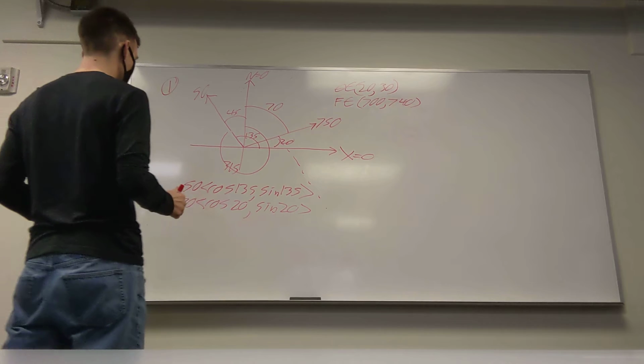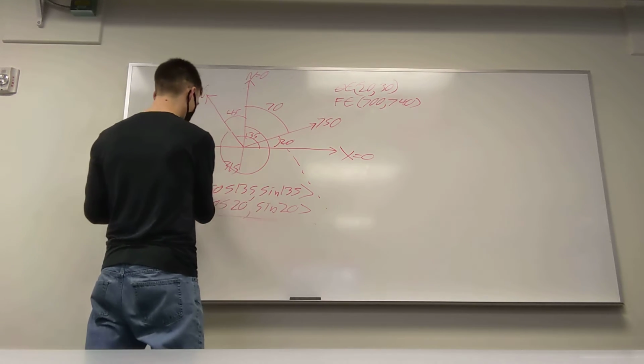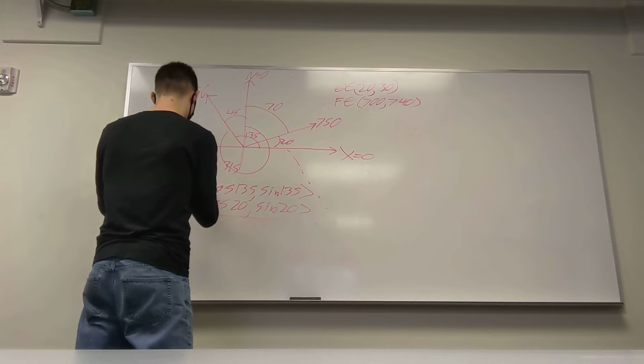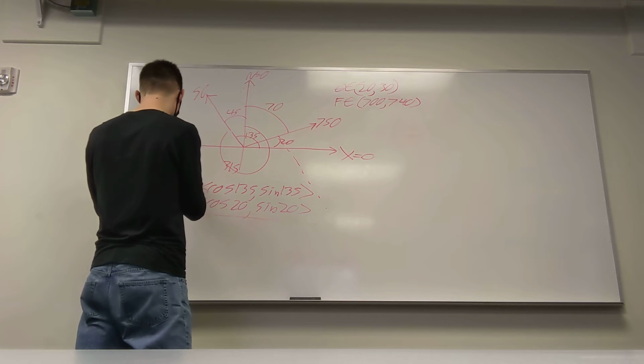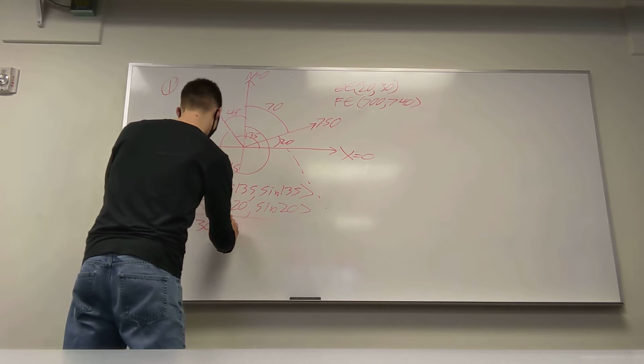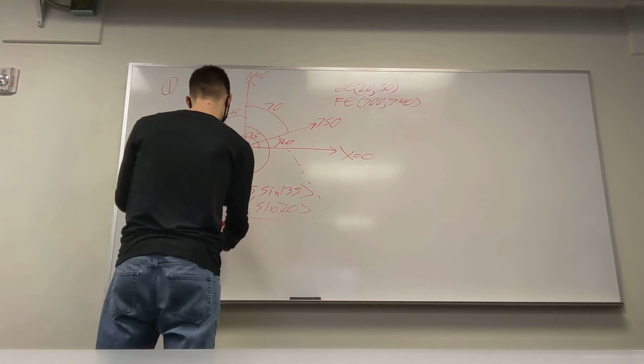So let's go ahead and add these together. I'm going to go 50 cosine 135 plus 70 cosine 20, and that gives 30.4. So that's the actual vector itself, right?